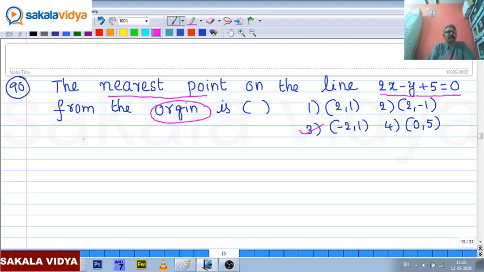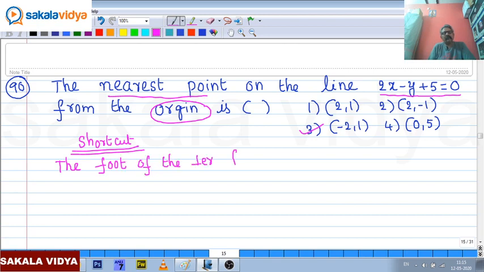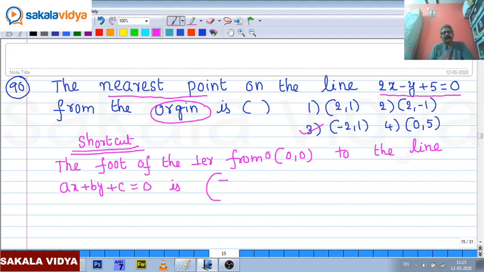And one more shortcut we can do. The foot of the perpendicular from the origin to the line ax plus by plus c is equal to 0 is (minus ac by a square plus b square, comma minus bc by a square plus b square).